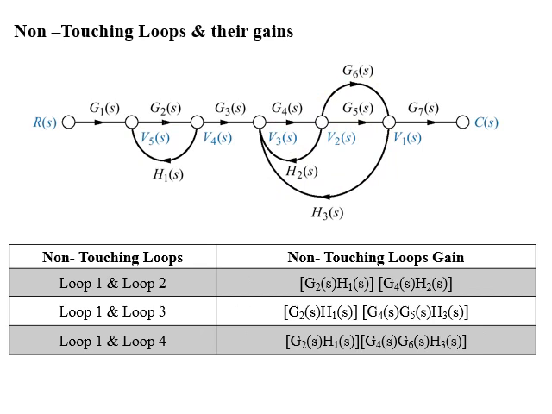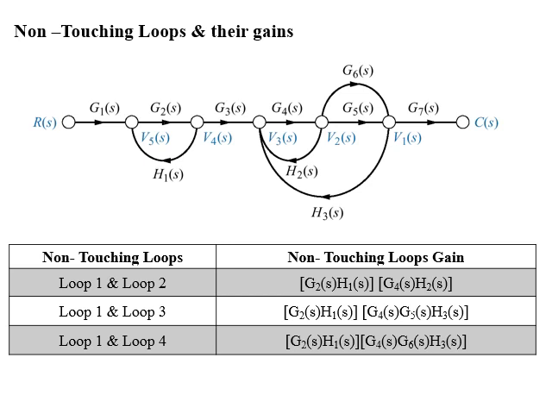Dear students, now we will study about non-touching loops and their gains. Loops that don't have any node in common are known as non-touching loops. And the product of loop gains from non-touching loops taken 2, 3 or more is known as non-touching loop gain.